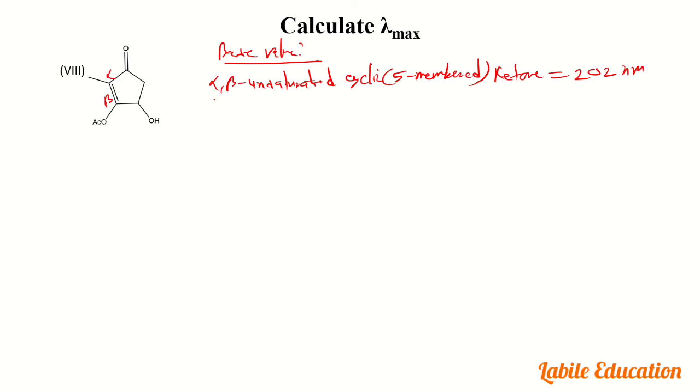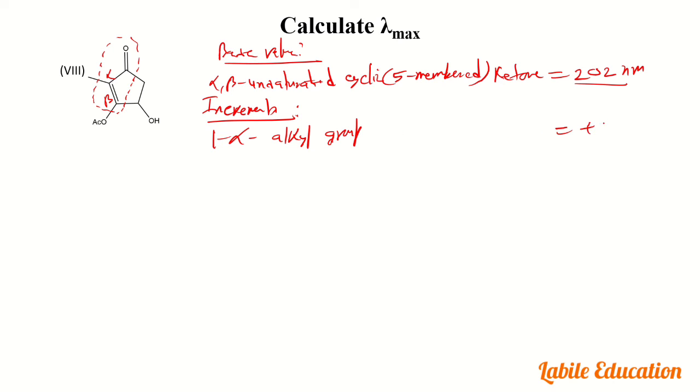So here, in the increments, we will just mark the conjugated system. You can see this is part of the base value here. And at the alpha position, there is one alpha alkyl group, that will contribute 10 nanometer.